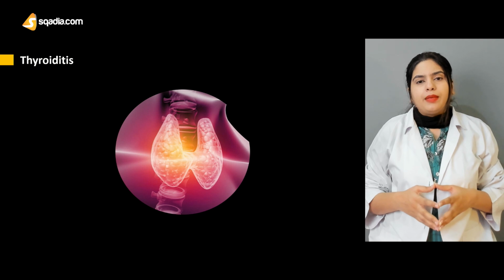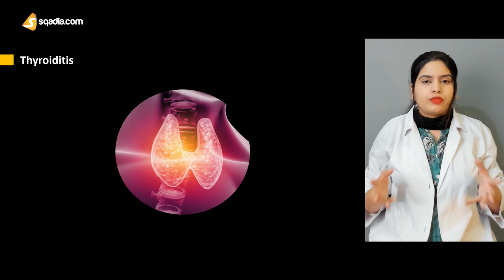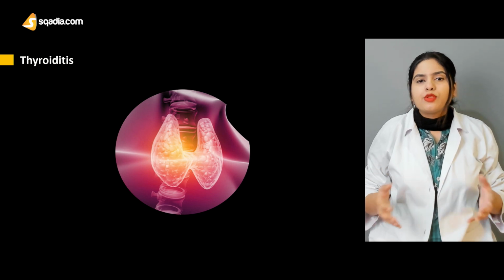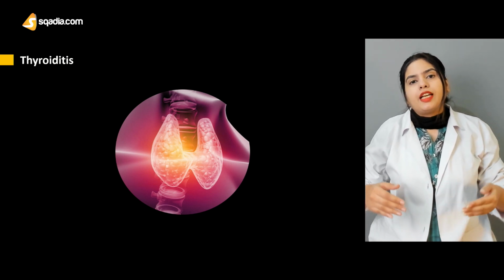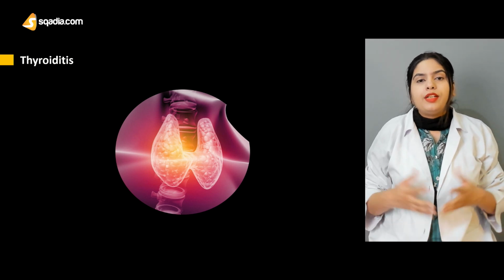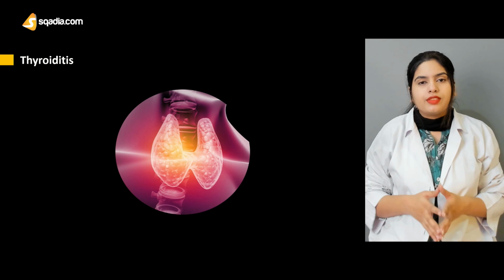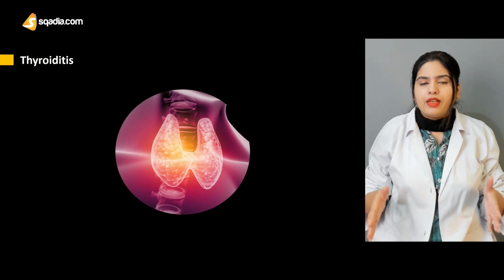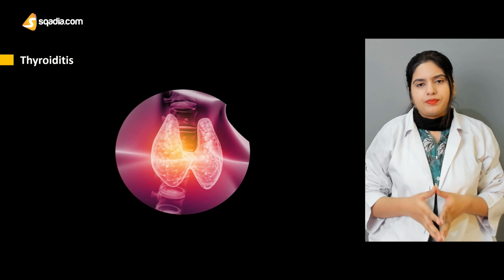Now, elaborating more on thyroiditis, there are three phases of thyroiditis. As I told you, there can be hypothyroidism or hyperthyroidism. Let me tell you that in some situations there is both hypothyroidism and hyperthyroidism.